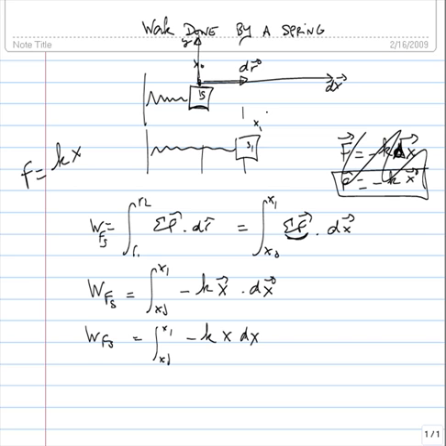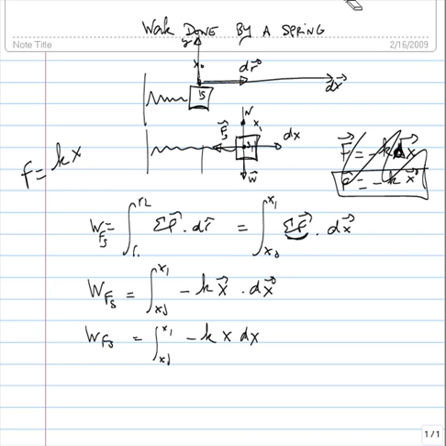and you do a free body diagram on this object. As you do a free body diagram at this position, you know that you have the weight, you know that you have the normal force, and you know that the force is in this direction, and you know that your dx is in this direction. Since F is in the opposite direction as your displacement, you know that the dot product is going to give you a negative sign.